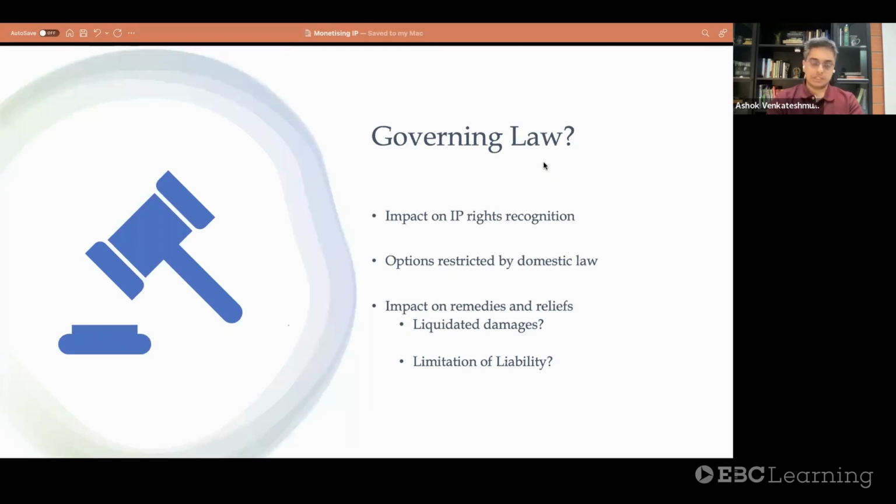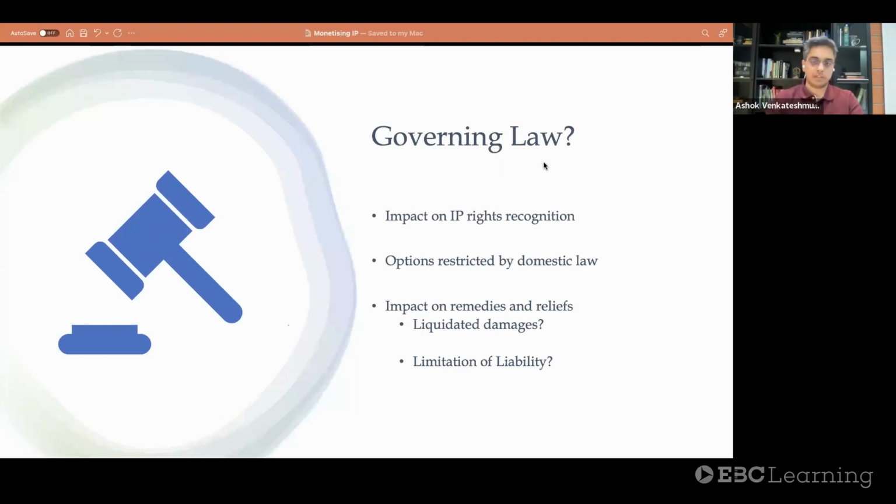Now, the other thing to remember is that the governing law also tends to impact the nature of remedies available, the entitlement to those remedies, and the ease with which remedies can be recovered. I'll give you a simple example. Let's assume that your IP licensing contract has a clause that says no matter what, the cumulative liability of the parties under the contract, whether under the contract or under tort or under law, shall not exceed the sum equivalent to the royalty or the licensing fees, right?